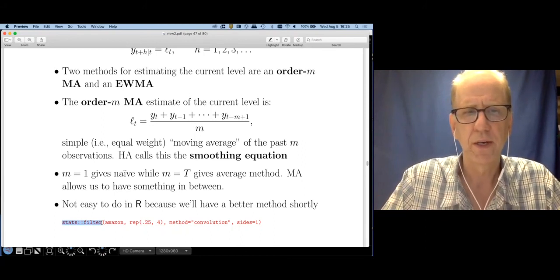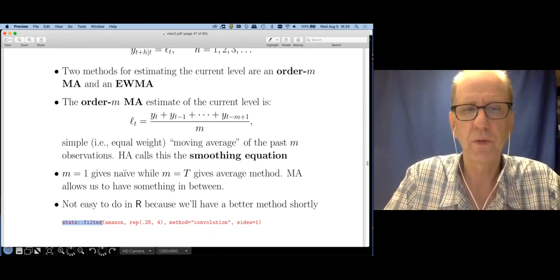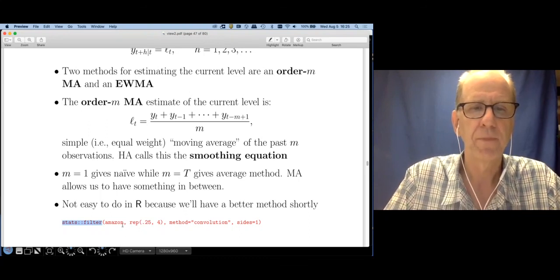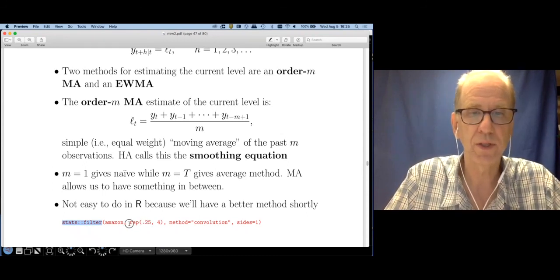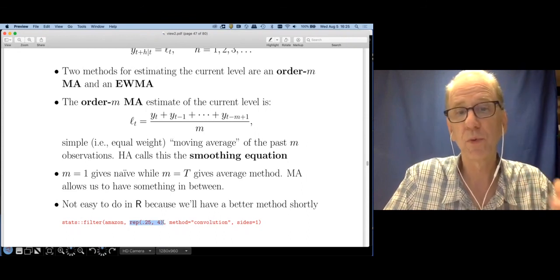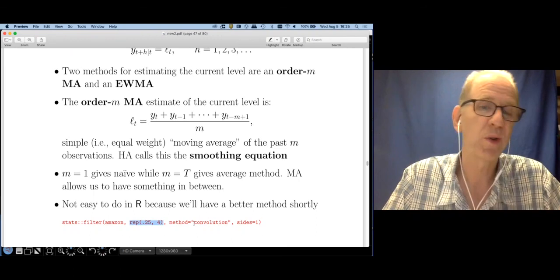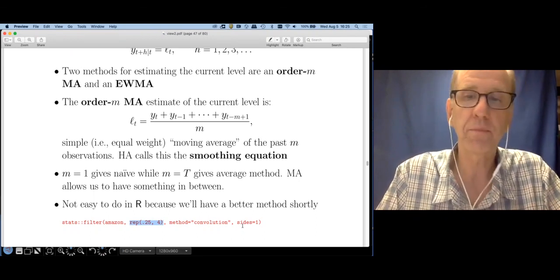And this filter does something that we often want to do in time series, which is this moving average. So if I applied filter to Amazon, I'm going to give the 4 values next to it equal weight. So that's what this is. I want to give the 4 most recent values equal weight. This convolution method means I want to do a moving average. Sides equals 1 means I'm only looking backwards.